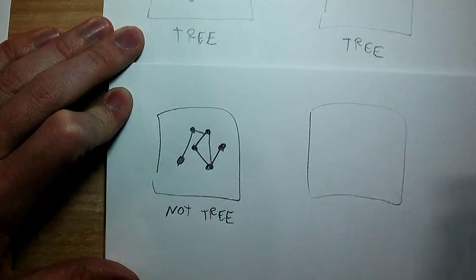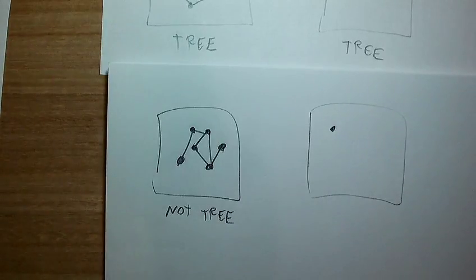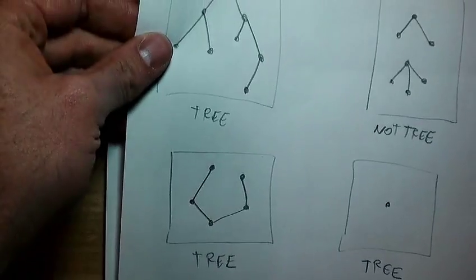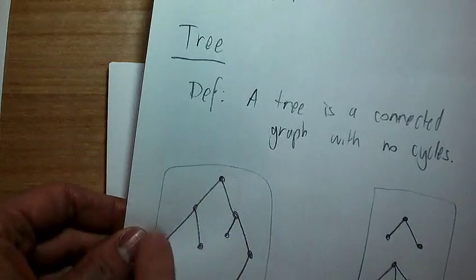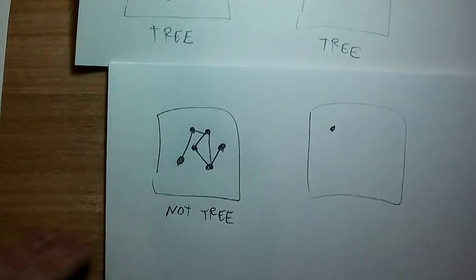And just because we traditionally write them from the top down doesn't mean that they're not trees either. That's one of the reasons I included this one. This looks like a tree. I mean, it's upside down, but it looks like a tree. We don't have to draw them that way.